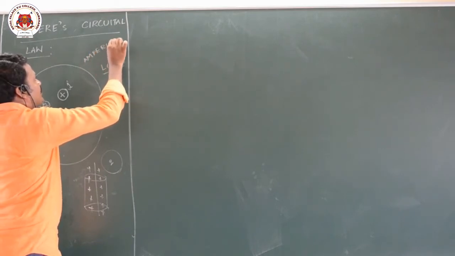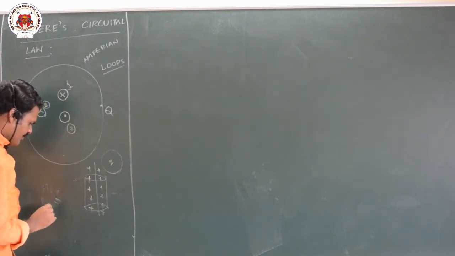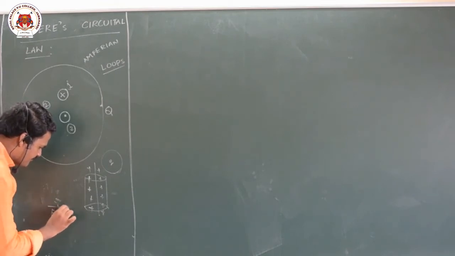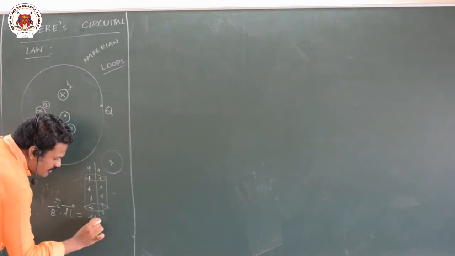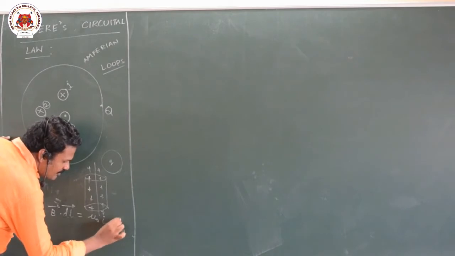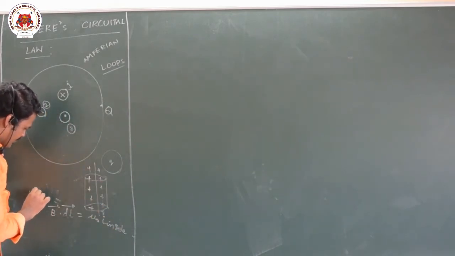We will construct a loop, and according to this law, the line integral of B bar dot dl bar is equal to mu naught I inside. You can compare with your Gauss's law. This is Ampere's law.